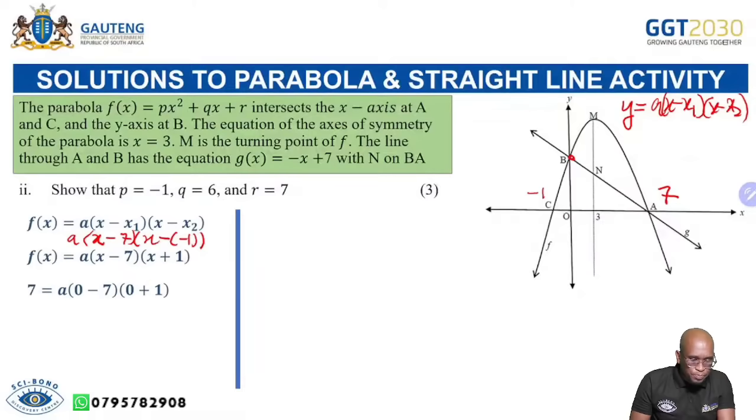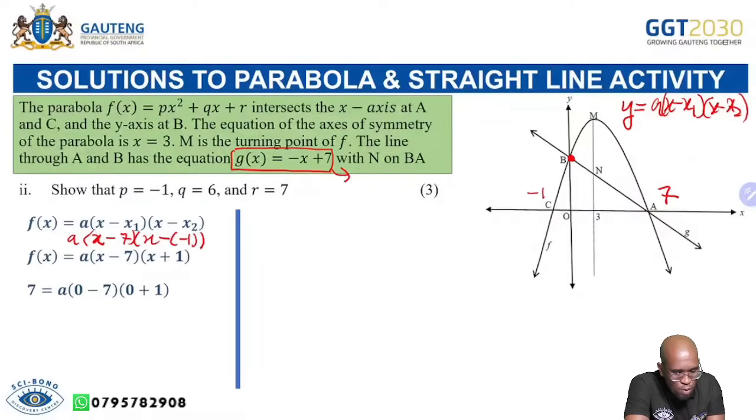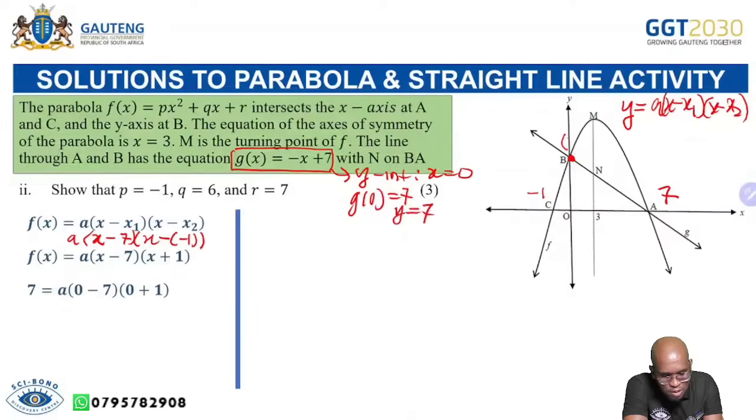So now we can actually calculate the y-intercept because we are given the equation of the straight line. So what would be the y-intercept? We put x equal to 0, which means that g of 0 would be equal to 7. So y would be equal to 7. So this point here is the point 0 and 7.